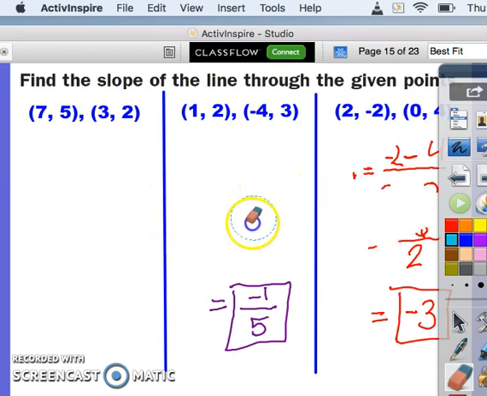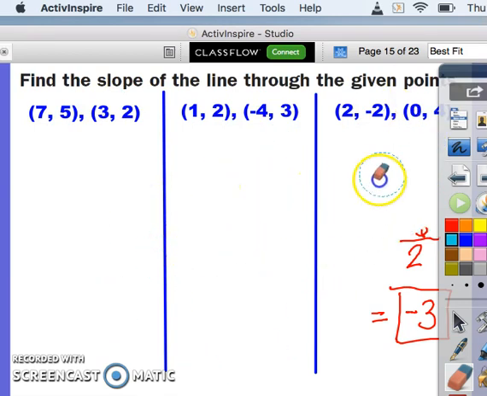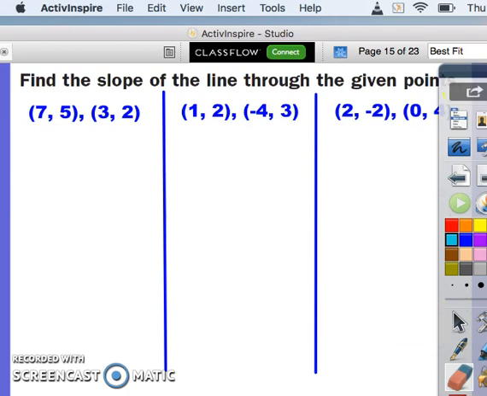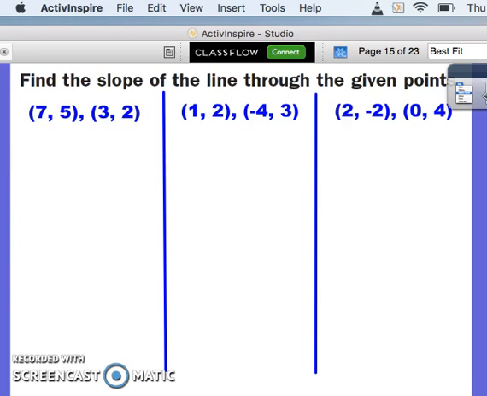So if we were to plot these points, a line would go through them, and we want to find the slope of that line. So we're going to take one point, and we're going to make sure to put it over each other. So we're going to take the y's.